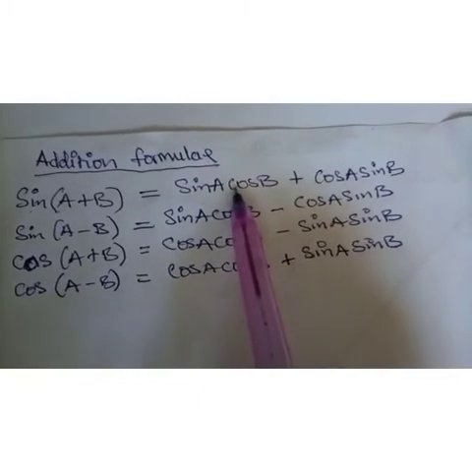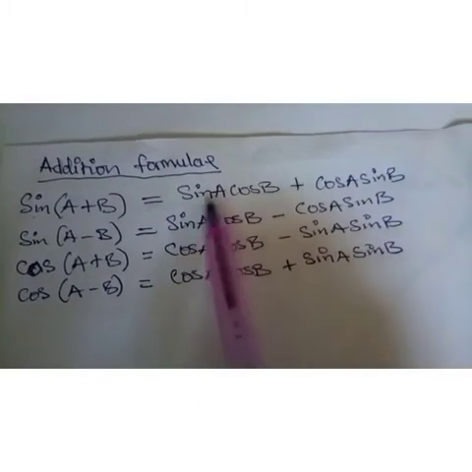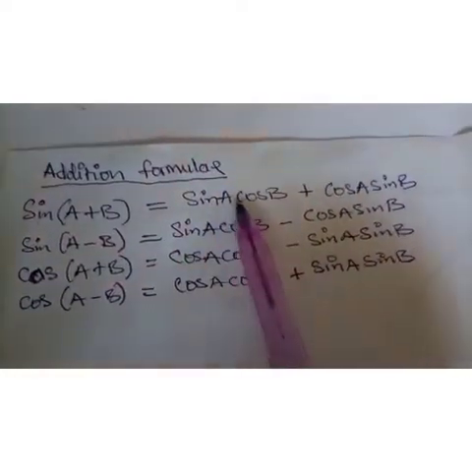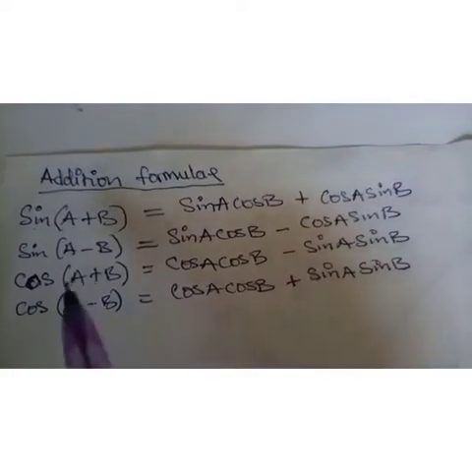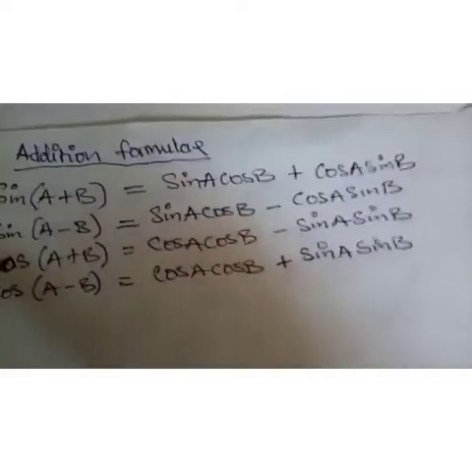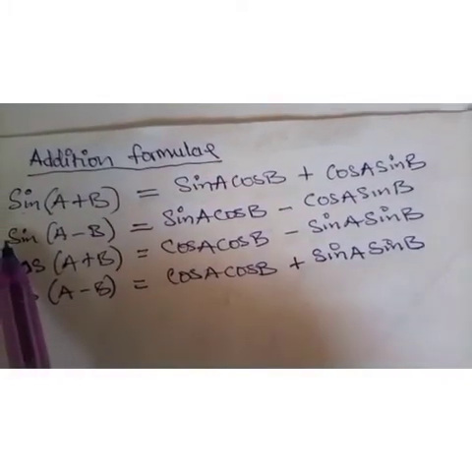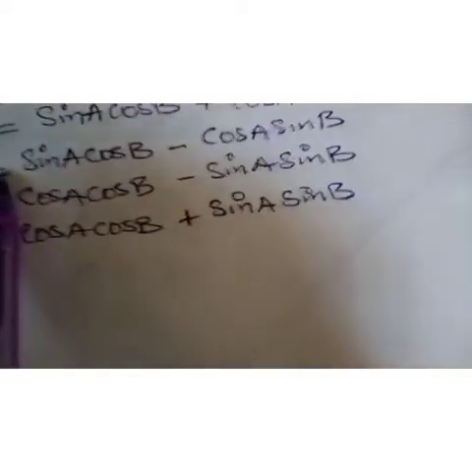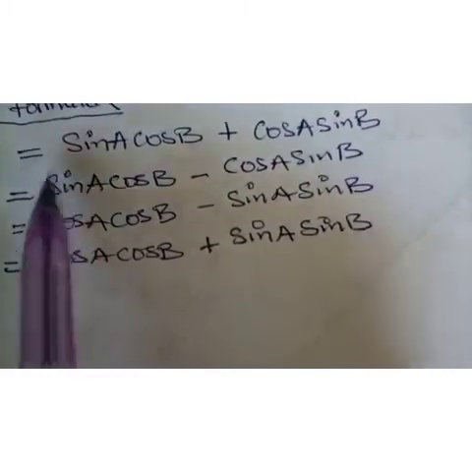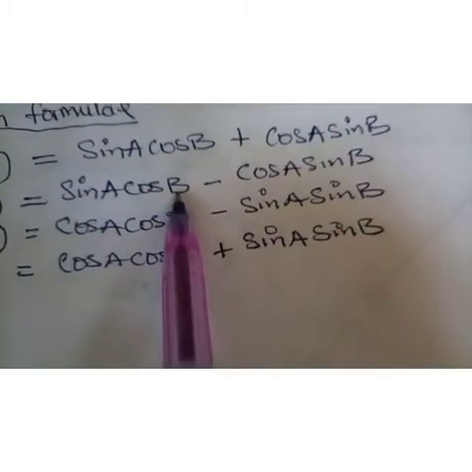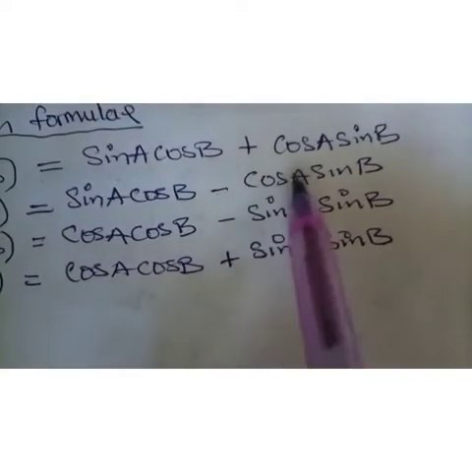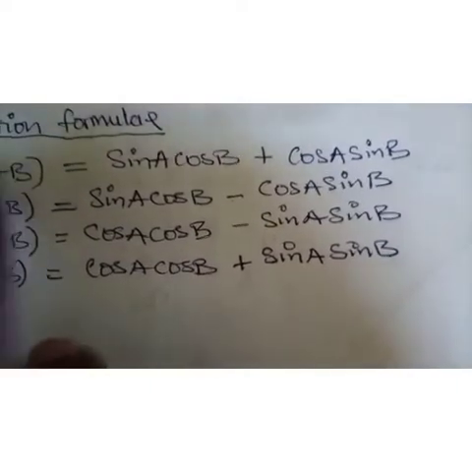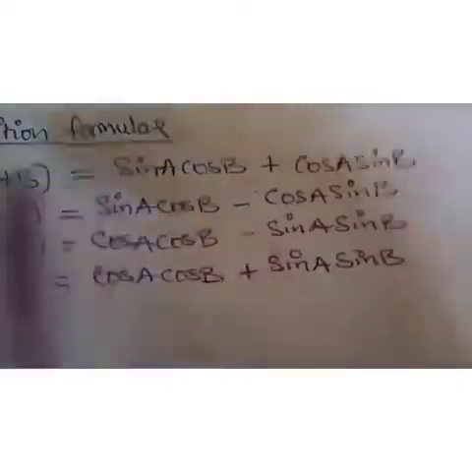You can say cos b sine a plus cos a sine b, since addition is commutative. Okay, so when we have sine a minus b, it is equal to sine a cos b minus cos a sine b.